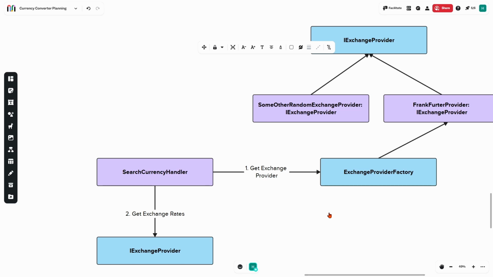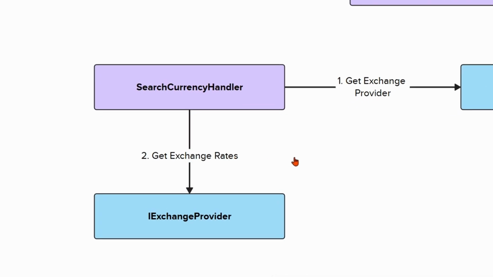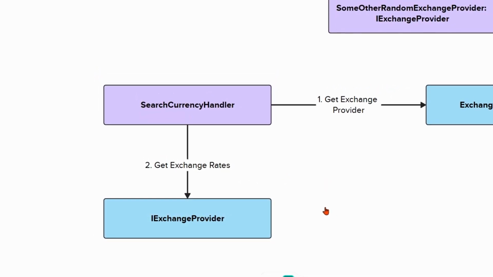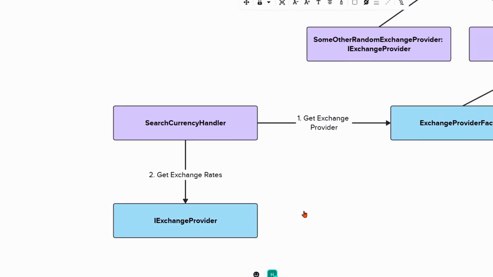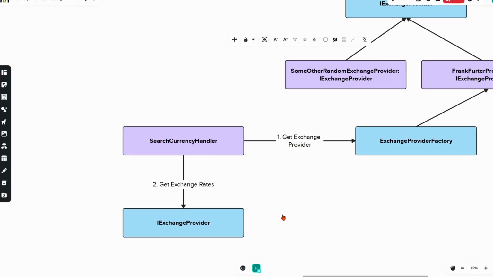It just cares that it gets an implementation of the IExchangeProvider interface where it can find the GetExchangeRates method. So first it's going to load an exchange provider, which gets loaded from the infrastructure layer, and then once it gets the exchange provider, it's going to use that to get exchange rates. So we could create an AI provider which uses AI to return results or anything else, just as long as it follows the same contract as an exchange provider, it'll be happy.